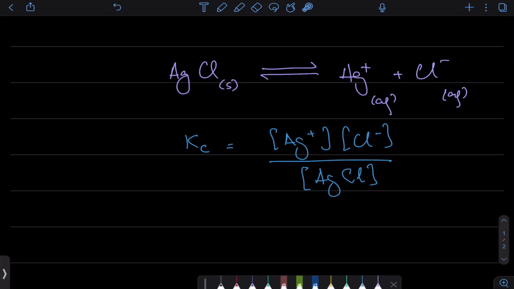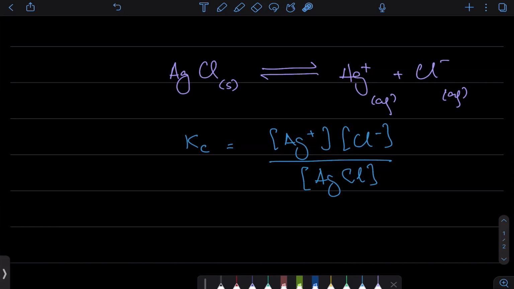Only a very small fraction of this is going to actually dissolve, just like a very small amount of ethanoic acid actually ionized. In that case, we said that the concentration of the undissolved or the unionized acid was very high.